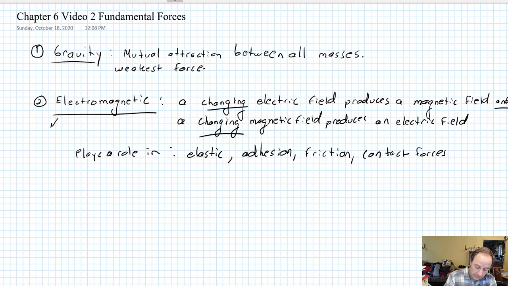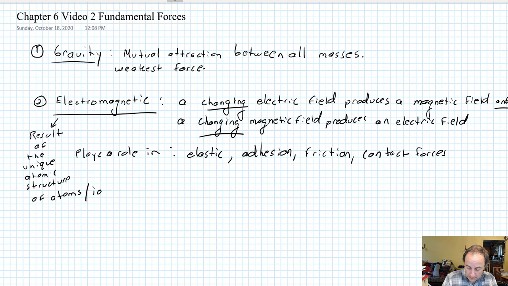This is a result of the unique atomic structure of atoms, ions, and their interactions.